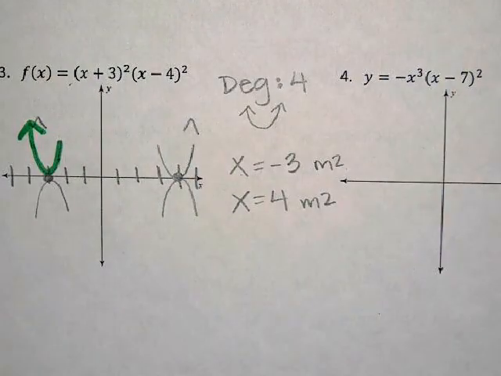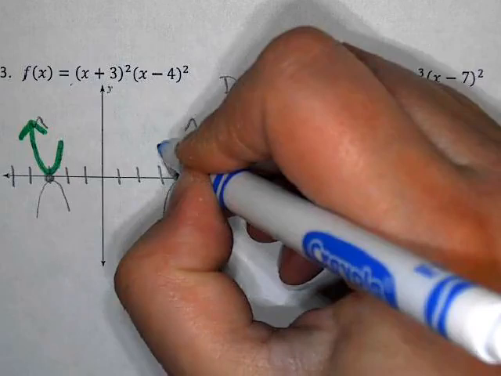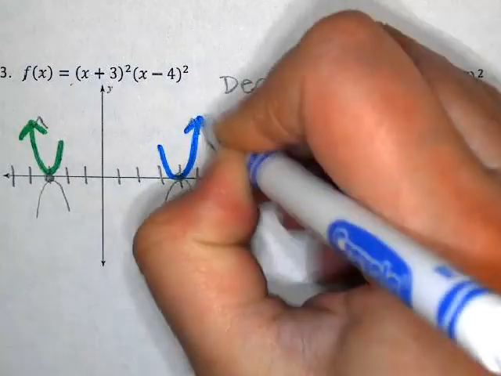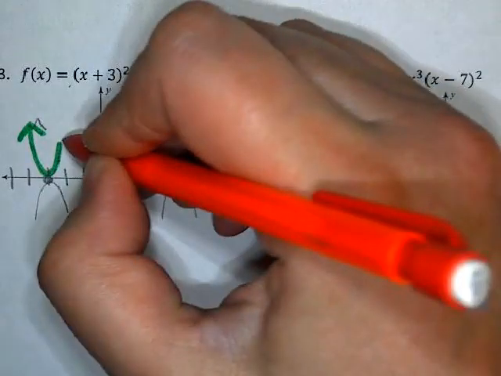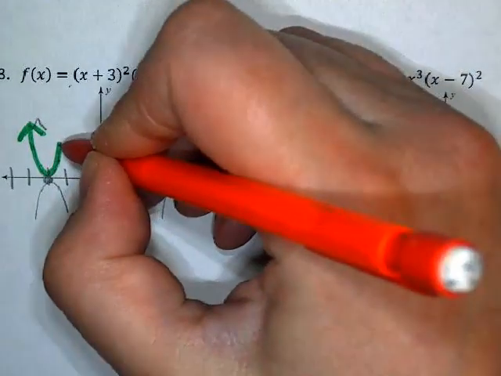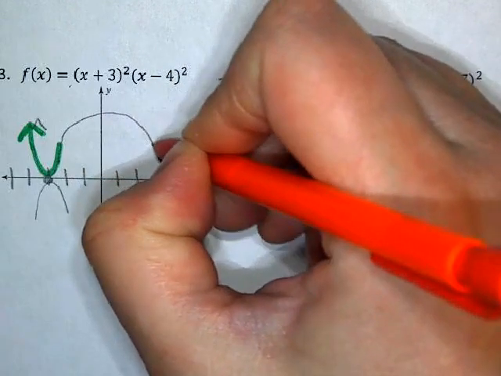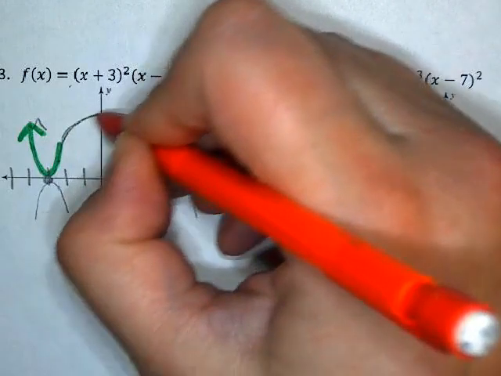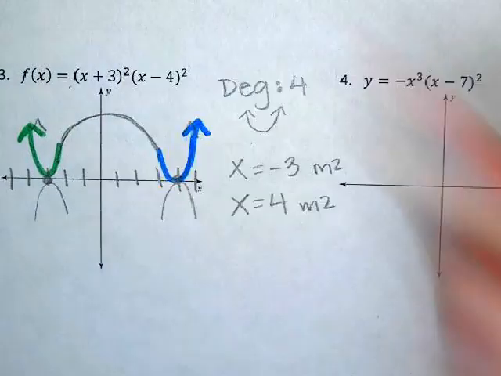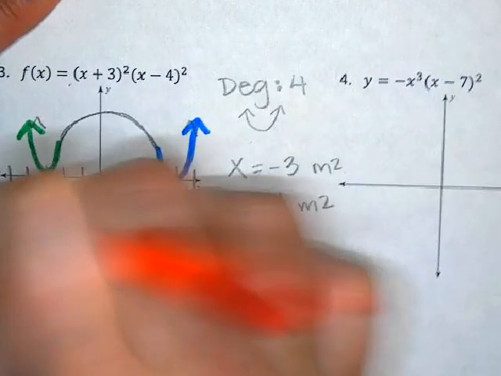Okay. And then when we connect them, we make sure that they've got a smooth curve. And you can go back and erase the other stuff or leave it. Doesn't matter to me. Okay.